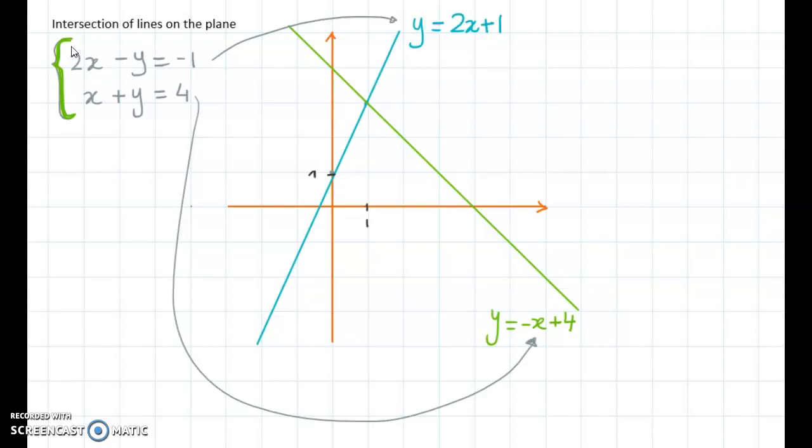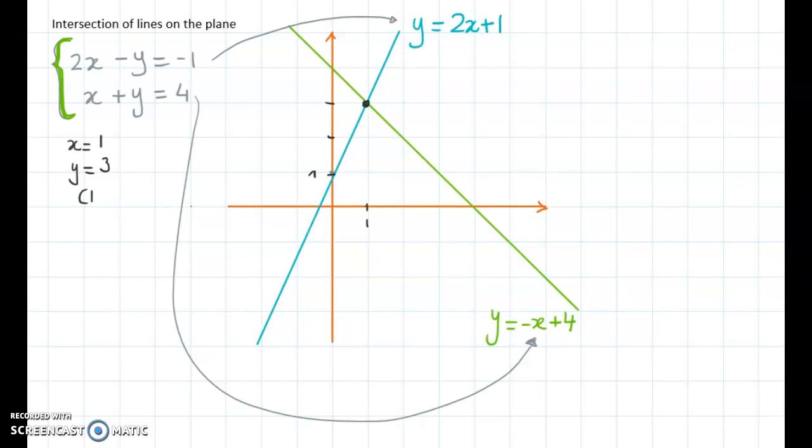In this case, we can graphically see that that's happening where we find the point of intersection of the two lines. That point, according to the graph, looks like having x coordinate 1 and y coordinate 3. This is just from the graph.